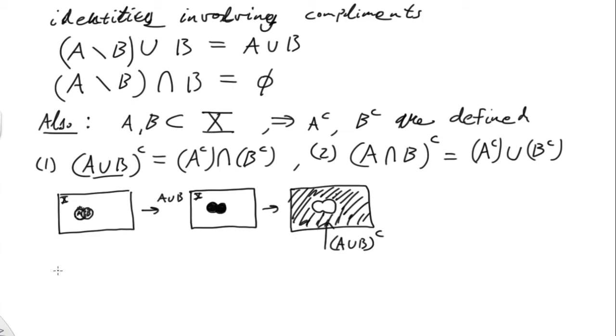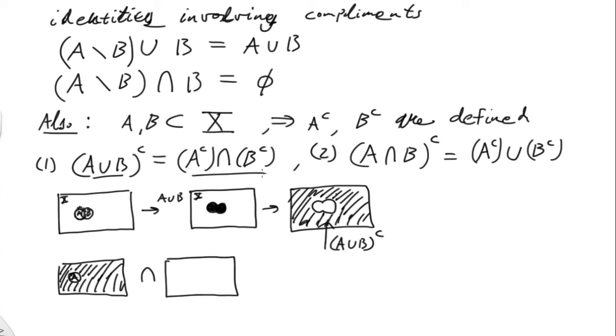Now let's do the opposite. If I have A, there's my A, and if I take its complement, that's going to be everything outside. And now I'm going to intersect that with the complement of everything in B. So what I've done here is define this side of the equality, right?